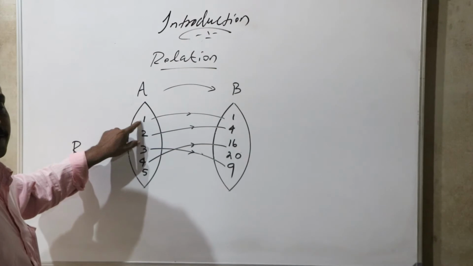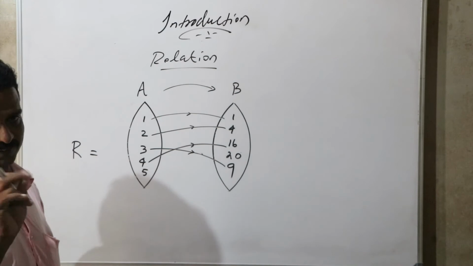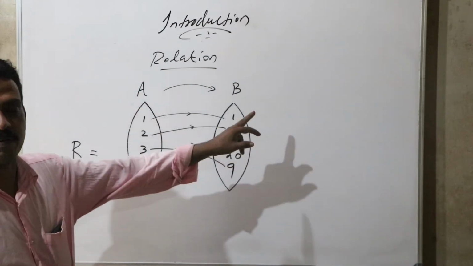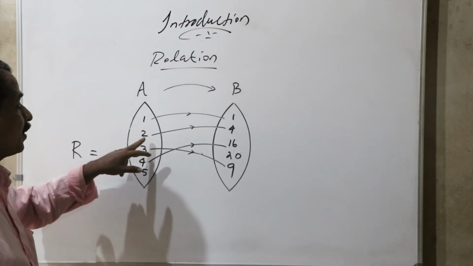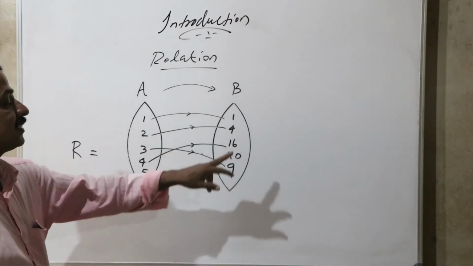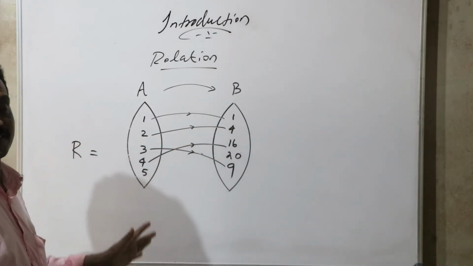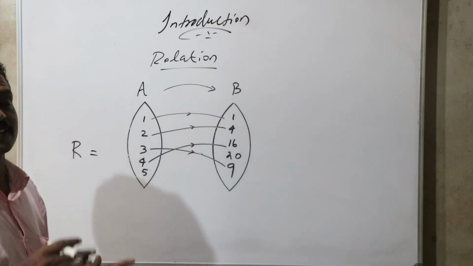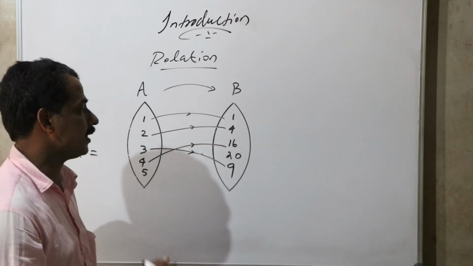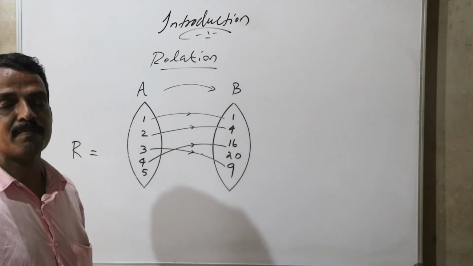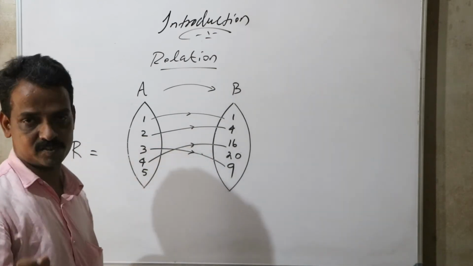The X element is 1. Its image is 1. Its Y representative is 1. X representative or X element 2, its image 4. Okay? X elements, X representatives are in set A when a relation starts from A to B. And the elements in set B are known as Y representatives or images.